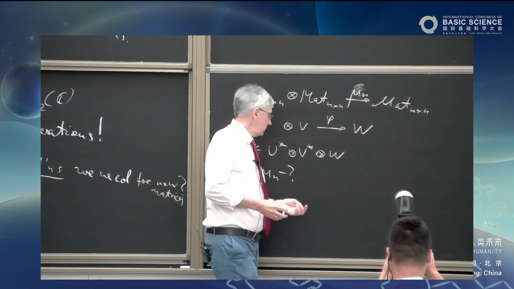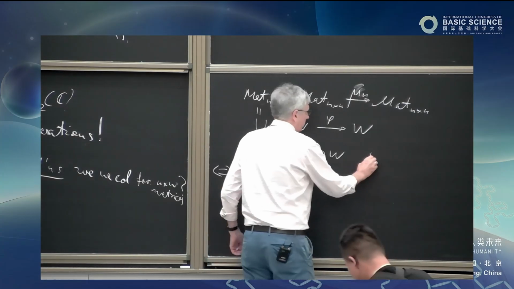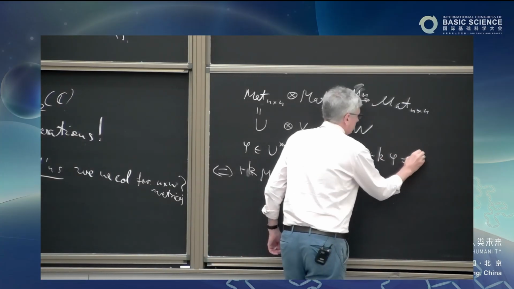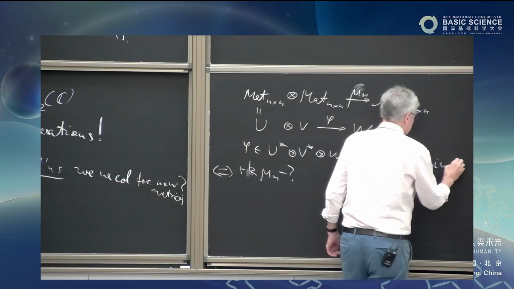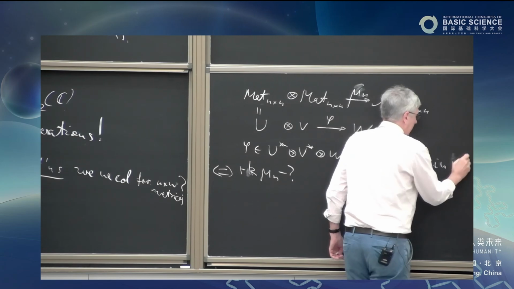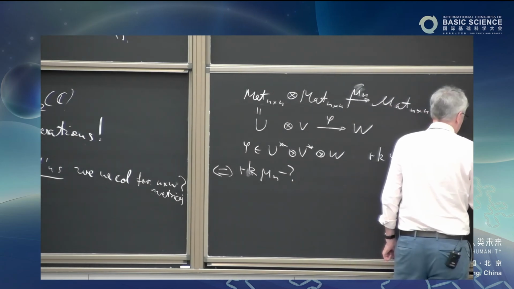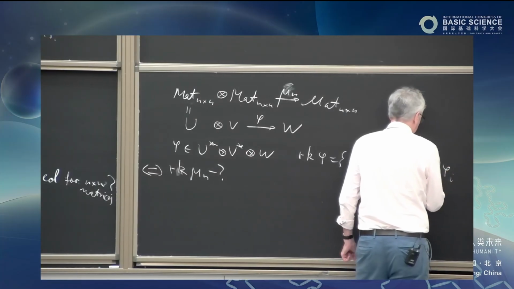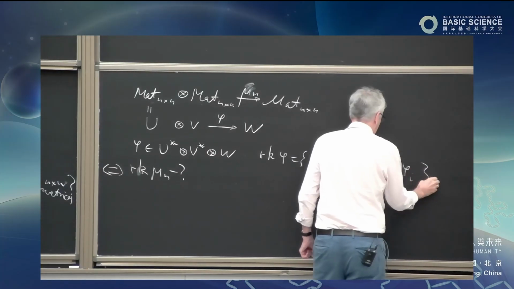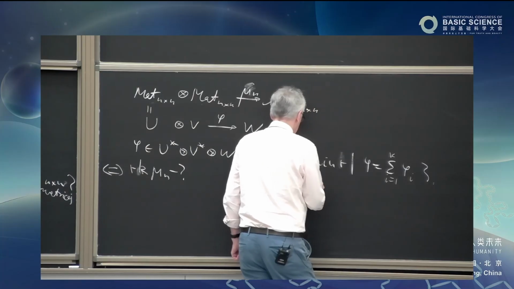The rank is the way how you can present this. So the rank of phi is the minimal R such that phi is a linear combination of phi i's, where the rank of phi i is 1.